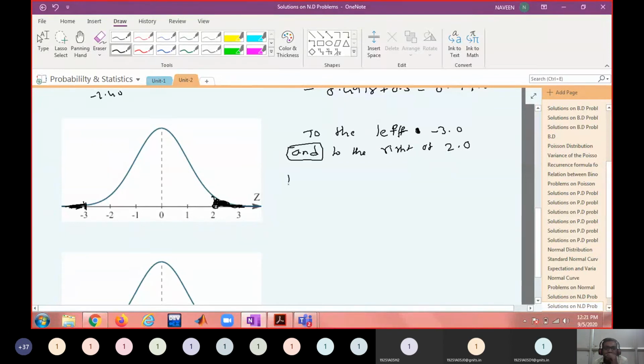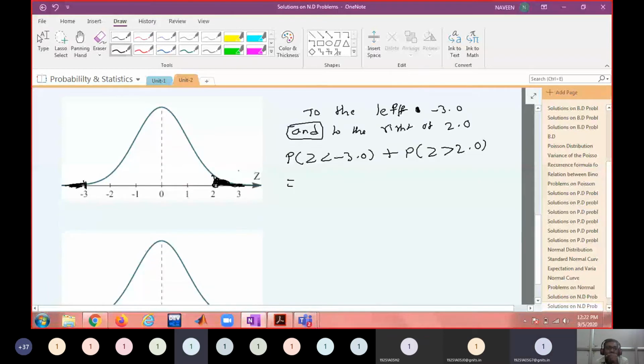So what I want is the probability that z is less than minus 3.0 plus the probability that z is greater than 2.0. Total area is 1, and you subtract the area from minus 3 to 2, that is, the probability that minus 3 less than z less than 2.